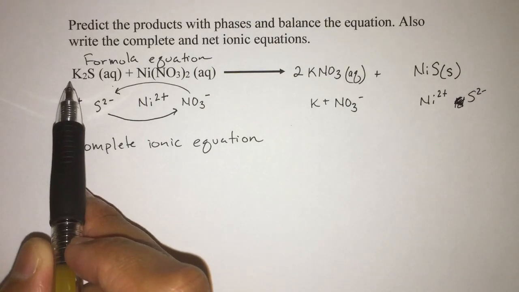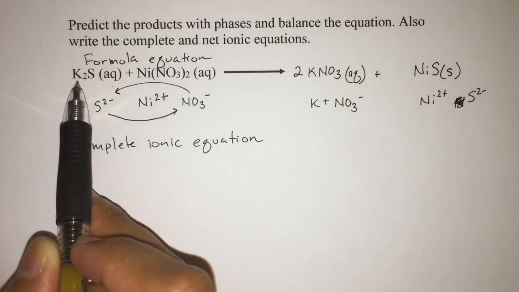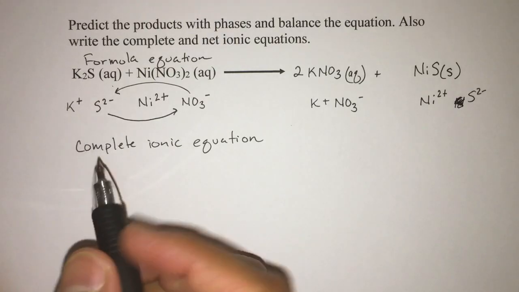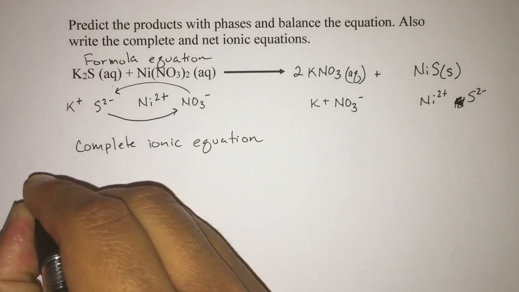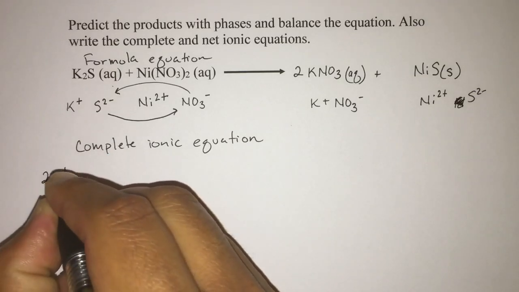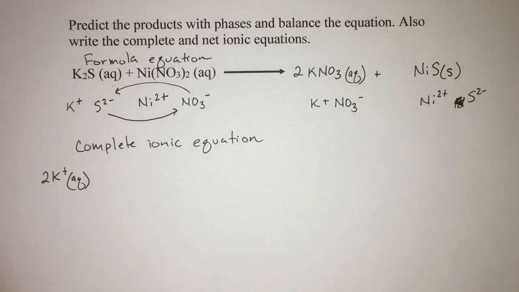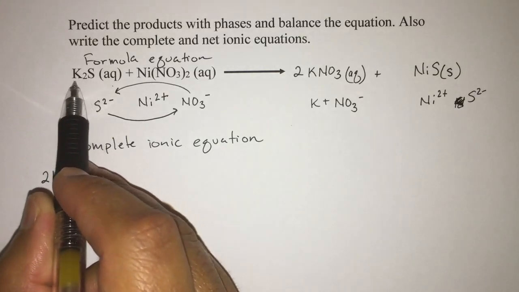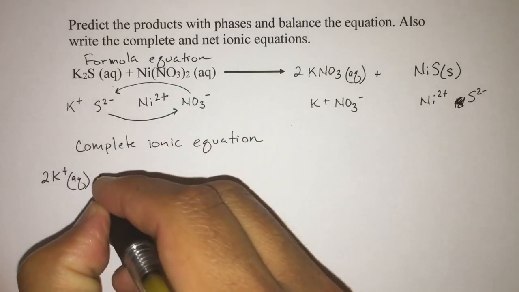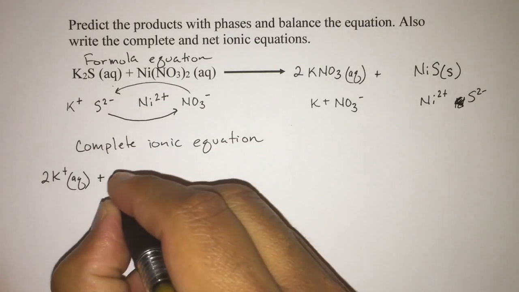For every 1 mole of species, there are 2 moles of the potassium ion. So in the complete ionic equation, I'll write 2 K plus aqueous. For every 1 mole of the potassium sulfide that dissociates, there's 1 mole of the sulfide that dissociates.